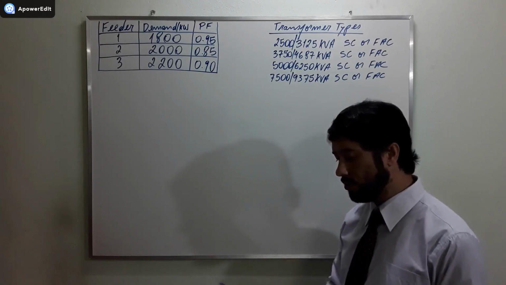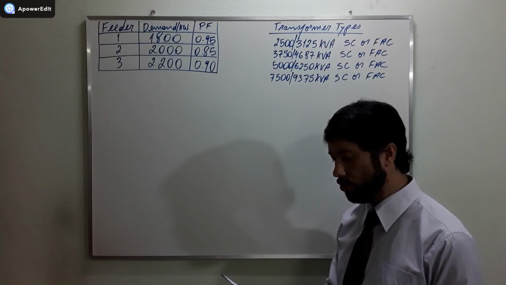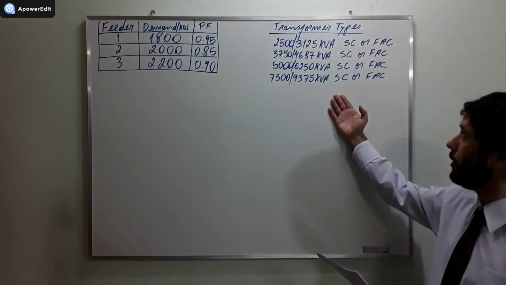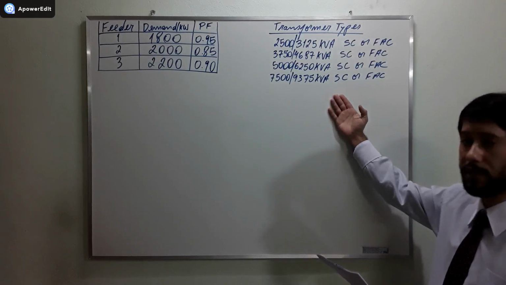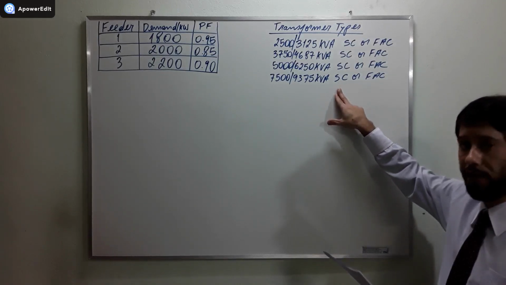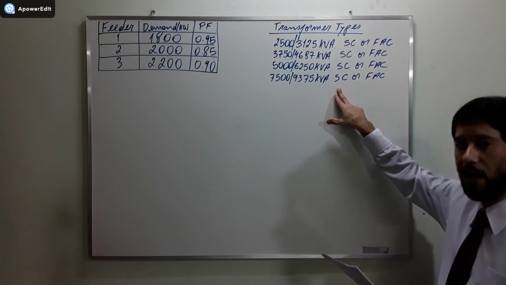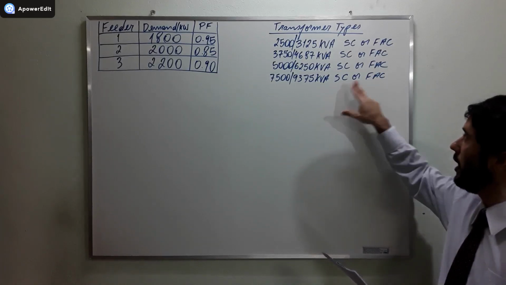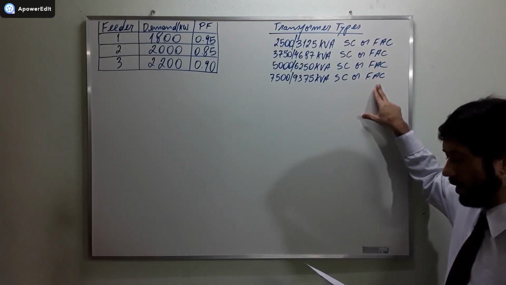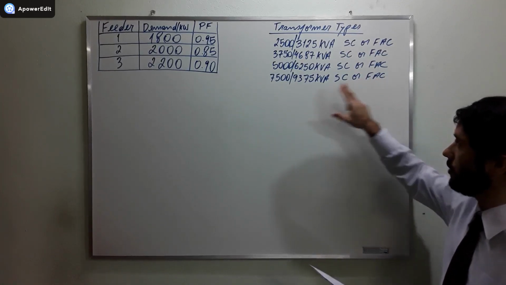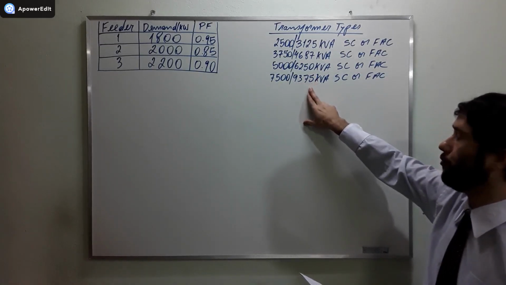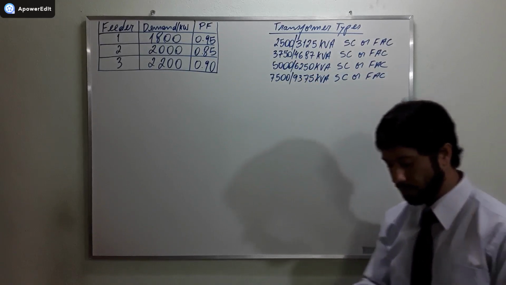Among the standard 3-phase transformer sizes, those are available. So these are the transformer types available, where SC means self-cooled and FAC means forced air cooled. Okay, these are the values for self-cooled and the values for forced air cooled.